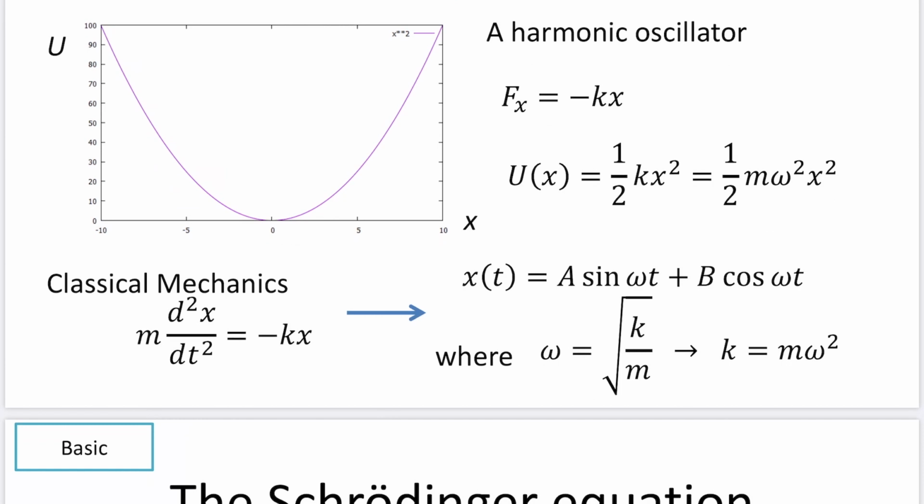So instead of k, we can use m omega squared. Then potential energy is expressed as 1 over 2 m omega squared x squared. In quantum physics, instead of k, we use m omega squared. Okay, so potential energy is expressed as 1 over 2 m omega squared x squared.